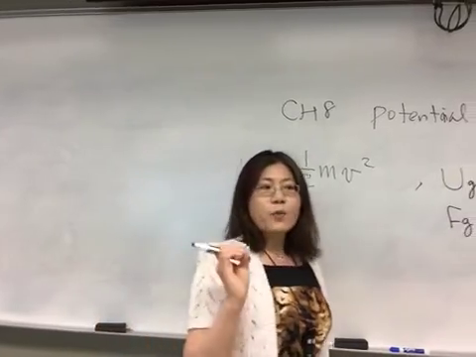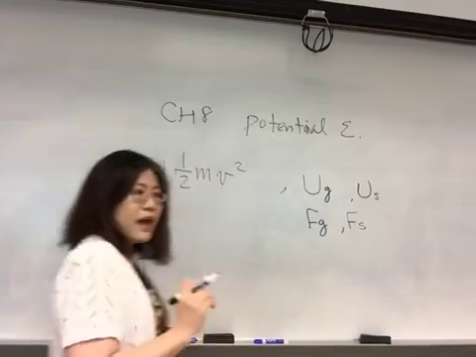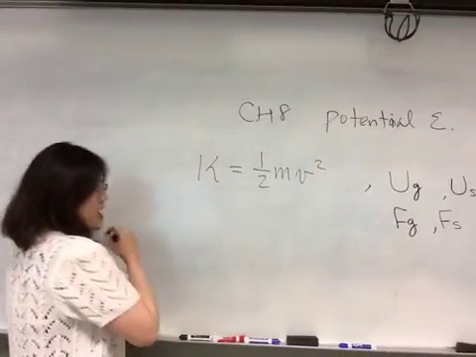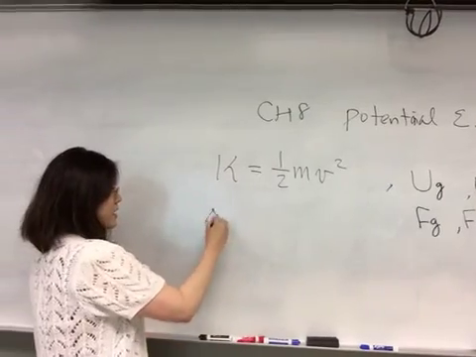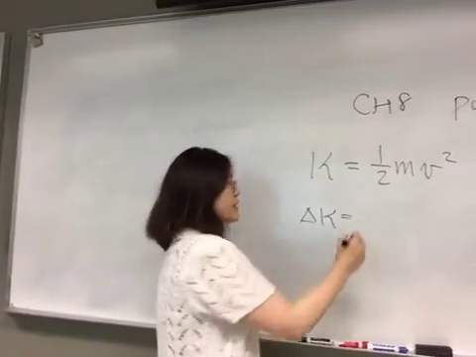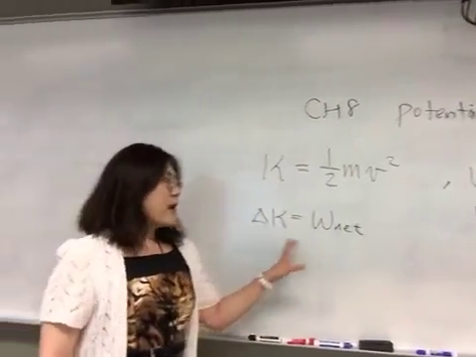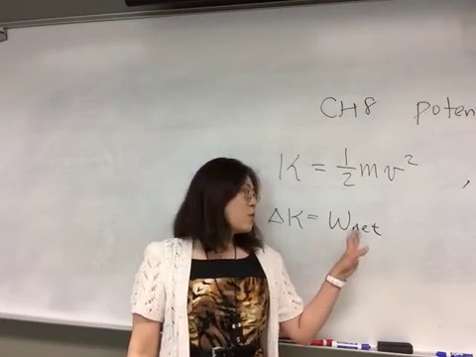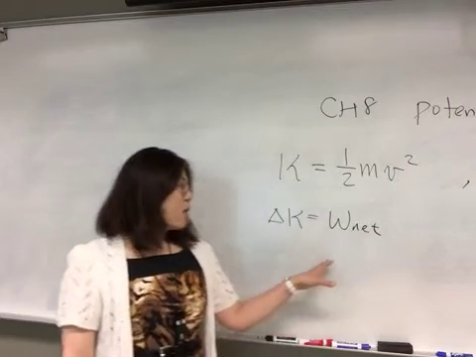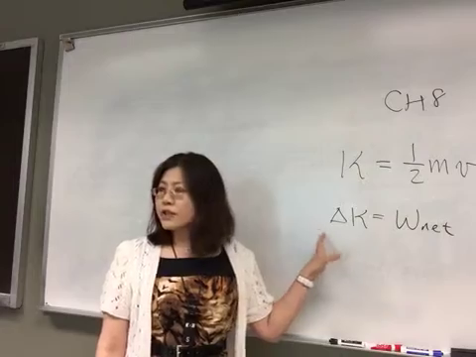So you have to apply a force that does work in order to change the kinetic energy. And that is based on the work kinetic energy theorem. So that is delta K is equal to work, right? So that's equal to net work. So in other words, whenever there's a net force that does net work that's non-zero, it is going to be used to change the kinetic energy of the system.